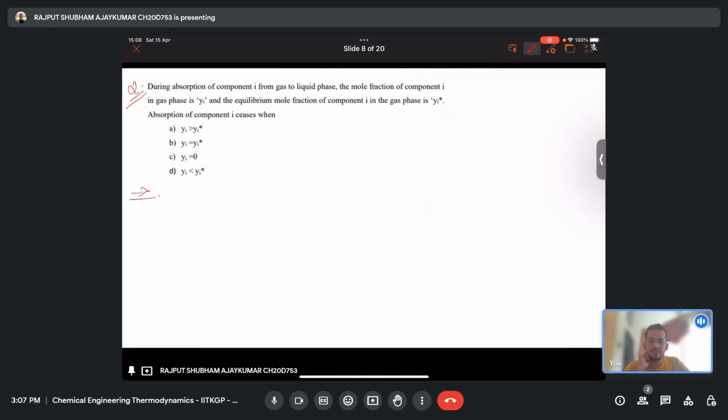Absorption of component i ceases when? So we have a component i whose equilibrium composition, oh sorry, this is mole fraction.